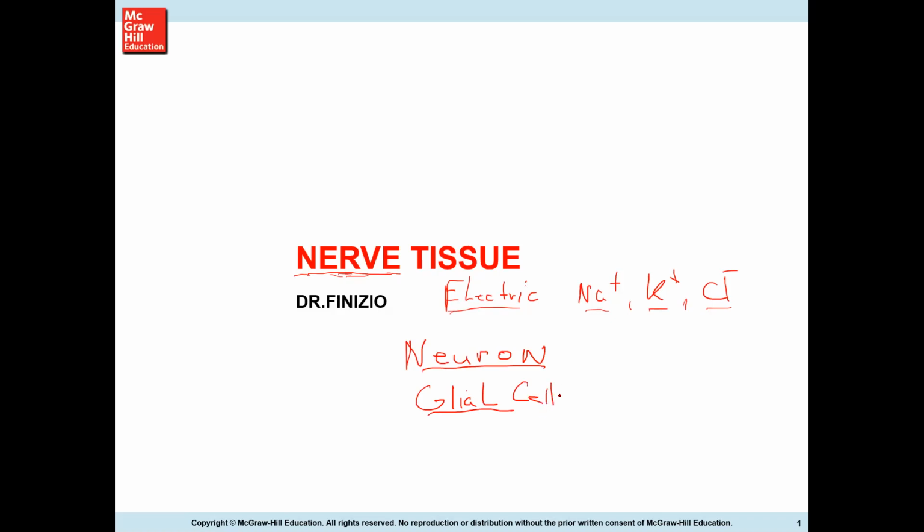We're not going to look at too many glial cells, but remember, in the CNS, you have your oligodendrocyte, the CNS glial cell that produces myelin.